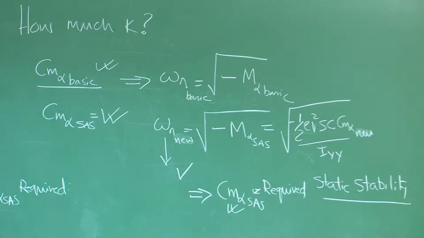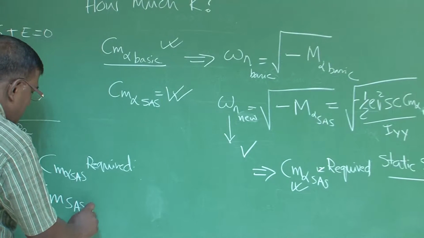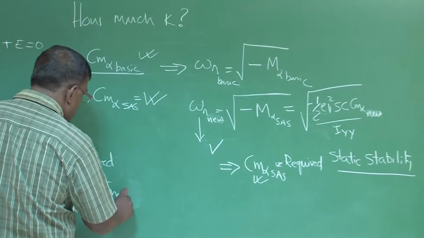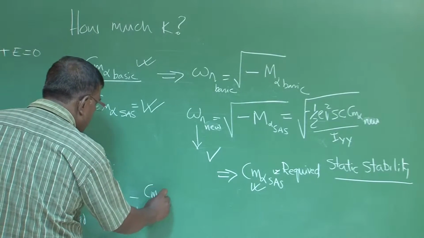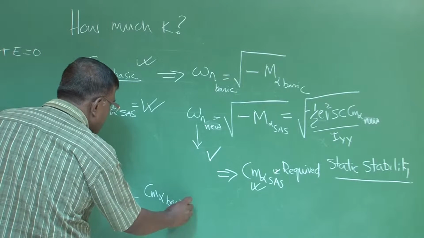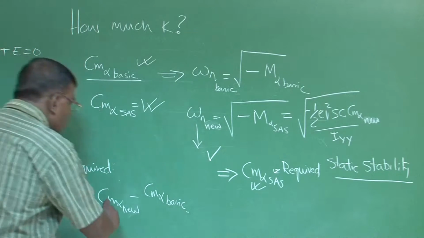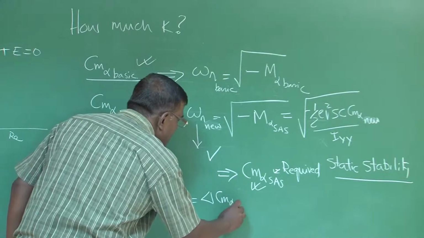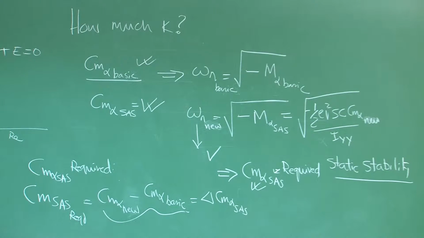And what will be Cm alpha SAS? Cm alpha SAS required will be Cm alpha new minus Cm alpha basic. Already Cm alpha basic is there, right? And that is the role of the SAS, which I write as delta Cm alpha SAS. Clear? Should I repeat again?